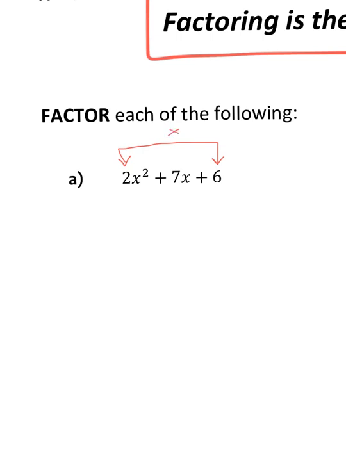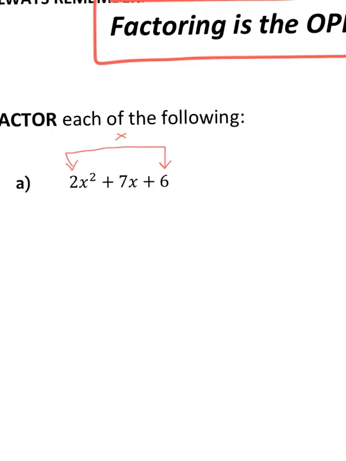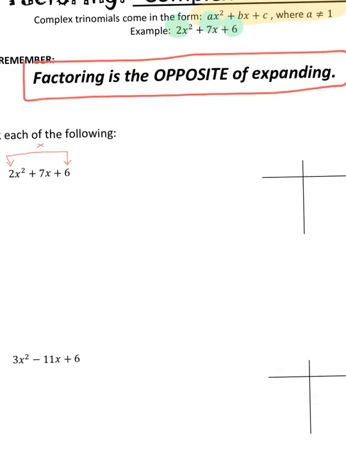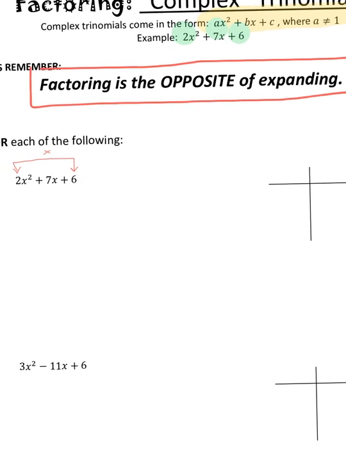And we're going to multiply those two numbers together. So I'm actually going to find what adds to the 7, but what multiplies to the first times the last, which is actually 12.